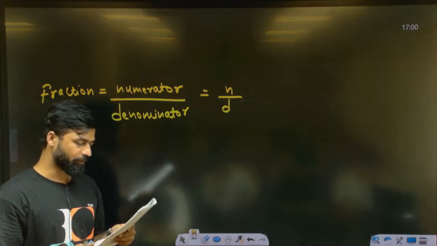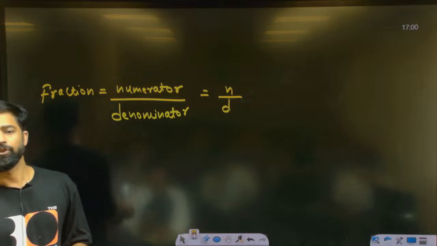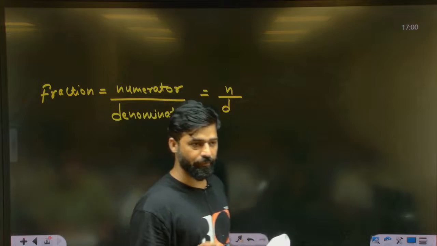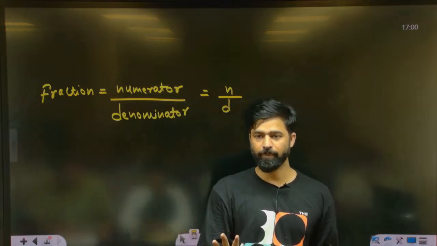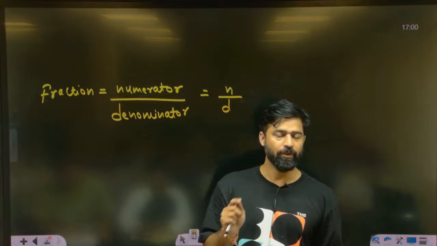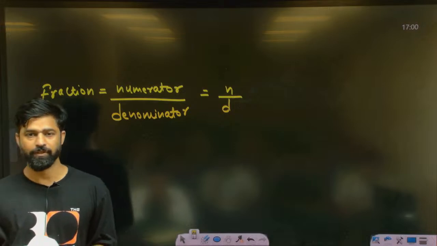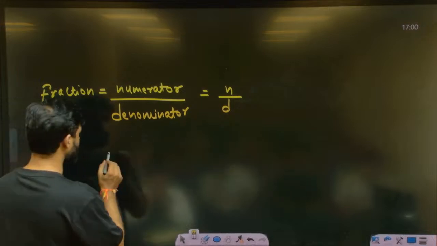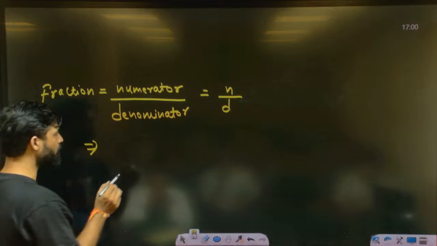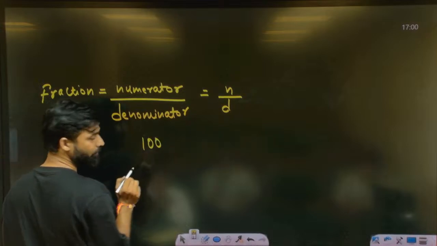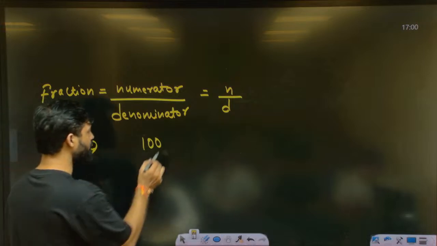Now what is he saying? He is saying he has increased the numerator by 20 percent. You know it very well: any initial value is 100 percent, and after that the value can be increased or decreased. If I talk about the numerator only, the numerator was 100 percent, but there is an increment of 20 percent.